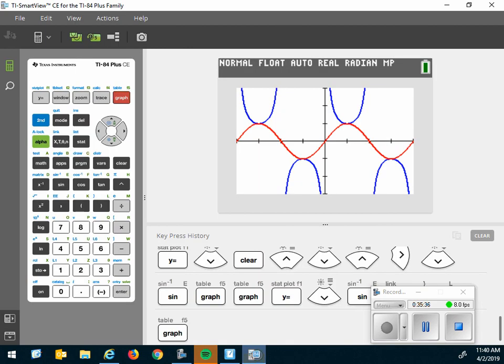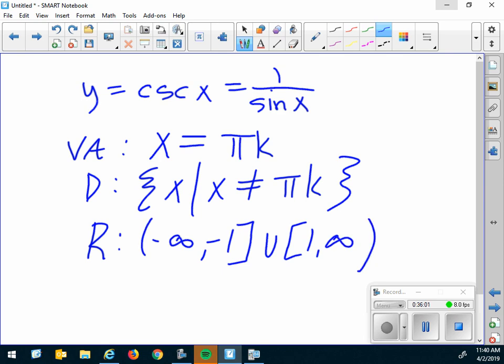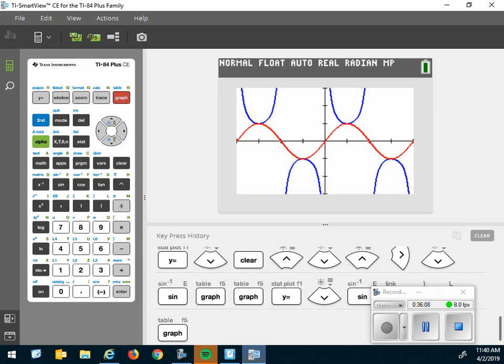Talk about your range. My blue. What's your range? Same as secant, right? So negative infinity to negative 1, with negative 1 included, and 1 to infinity. Again, I forgot to mention symmetry.